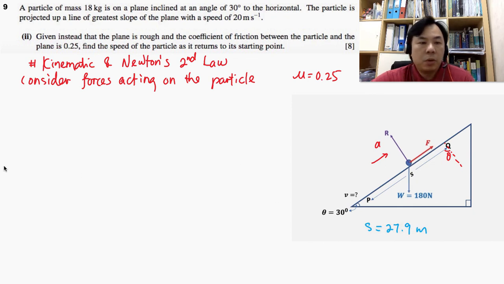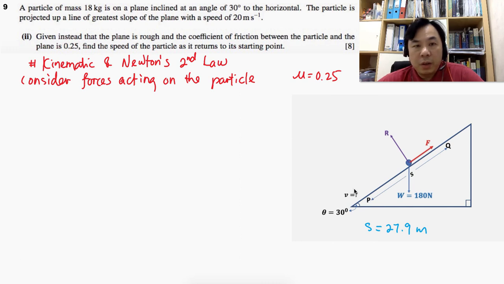You can see that it's going to slide down now, over the same distance, it's just that the frictional force will be acting in the opposite direction.